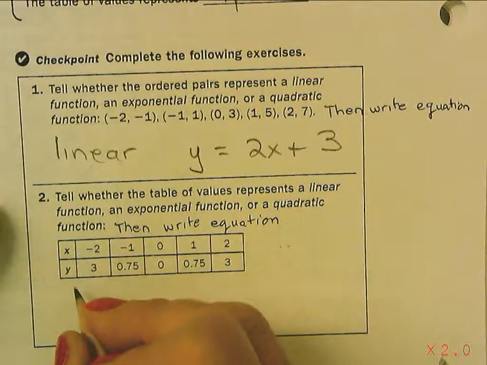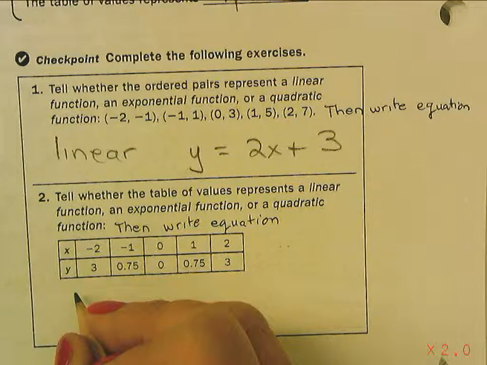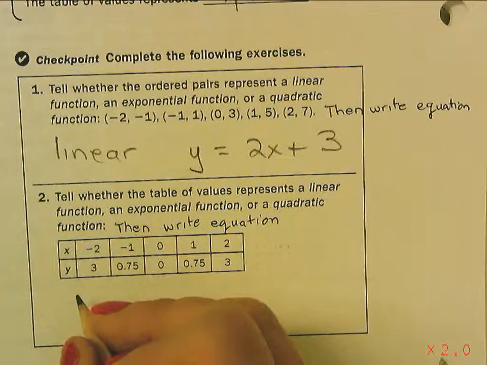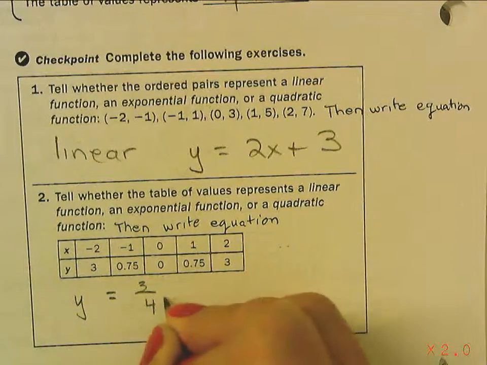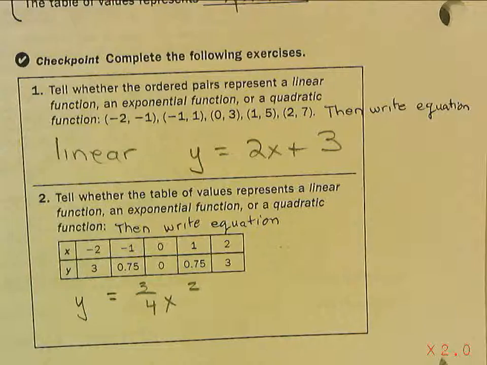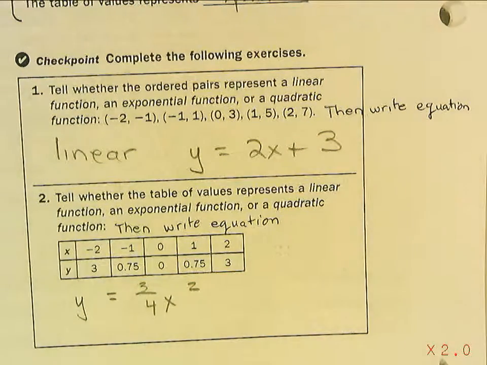And number 2, you would have noticed there's a common second difference, and the equation would be y equals 3/4 x squared. Okay, so now you can stop the video and check the homework.